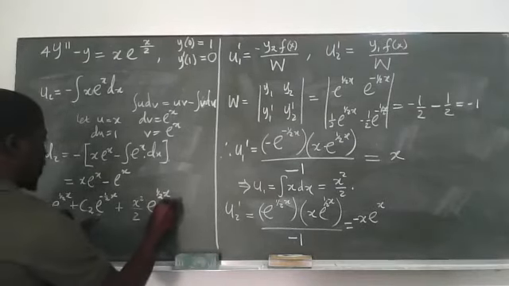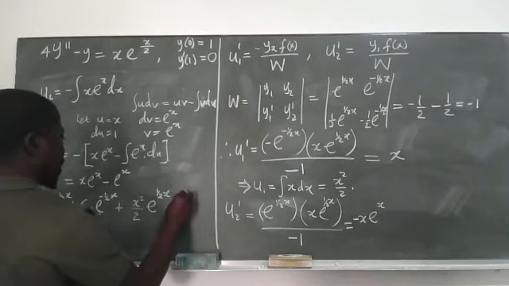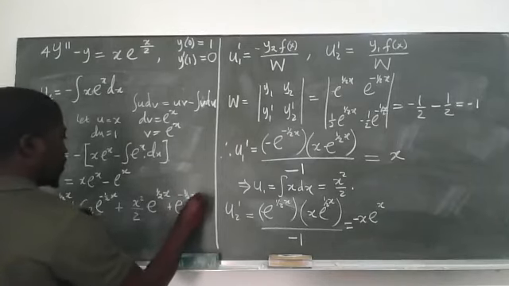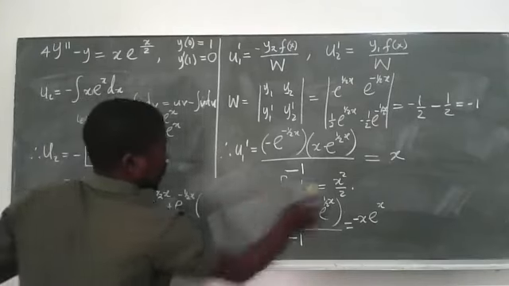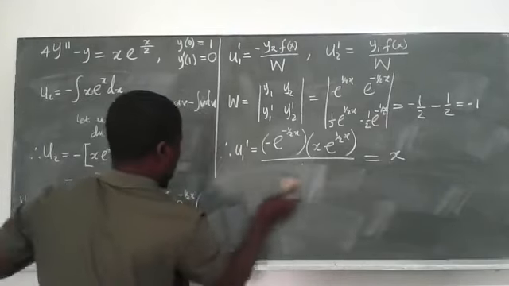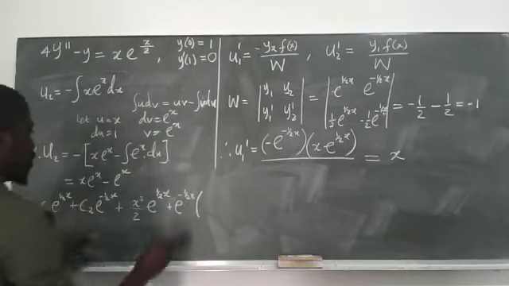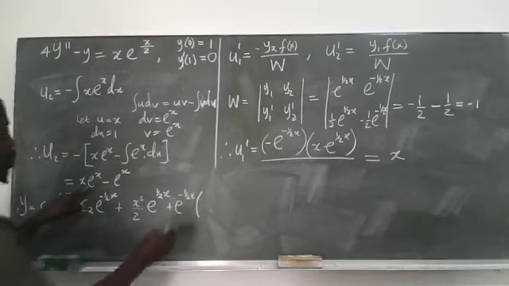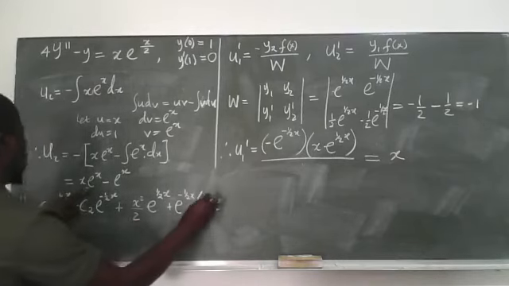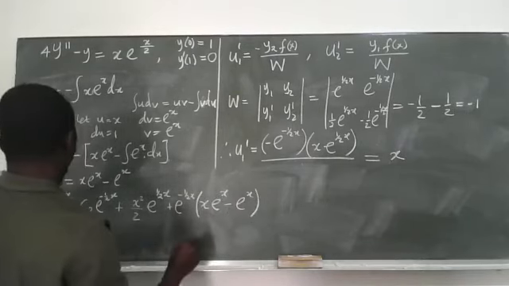So we end up with e to the minus half x multiplying what? Let me rub this piece. Okay. So we end up with, this is y2 multiplying u2. u2 is x e to the x minus e to the x. Alright?